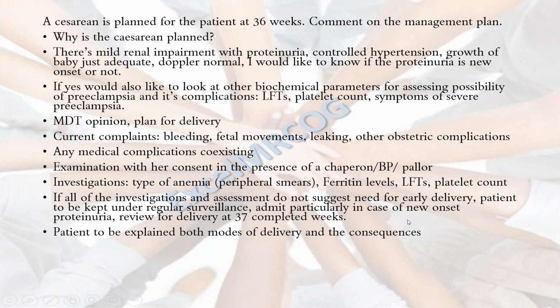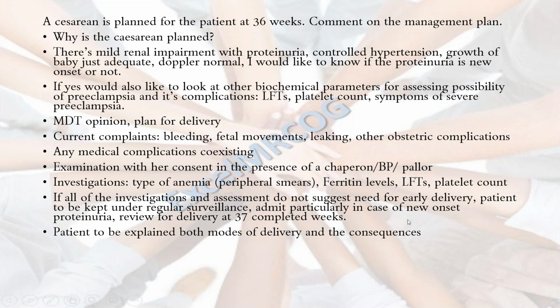You can say that the patient has to be explained about her risks, about the risk of preeclampsia, the risk to the baby, the risk of growth restriction, and the possibility of stillbirth, etc. And the patient has to be explained about the two modes of delivery. Patient can be explained about the injury to the transplant in case of a cesarean section, and that a special team would be required.